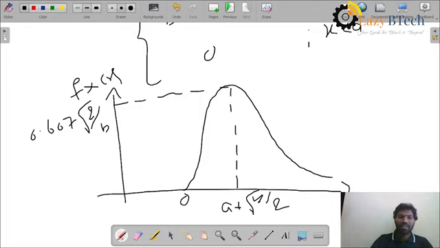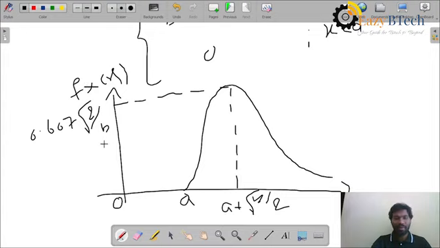You need not remember these values. You just remember the shape of the Rayleigh density function. That is enough to write in examinations. So f_X(x), and this shape is enough, and it starts at a, and this is the origin. So you just remember these values 0, a, x and f_X(x).